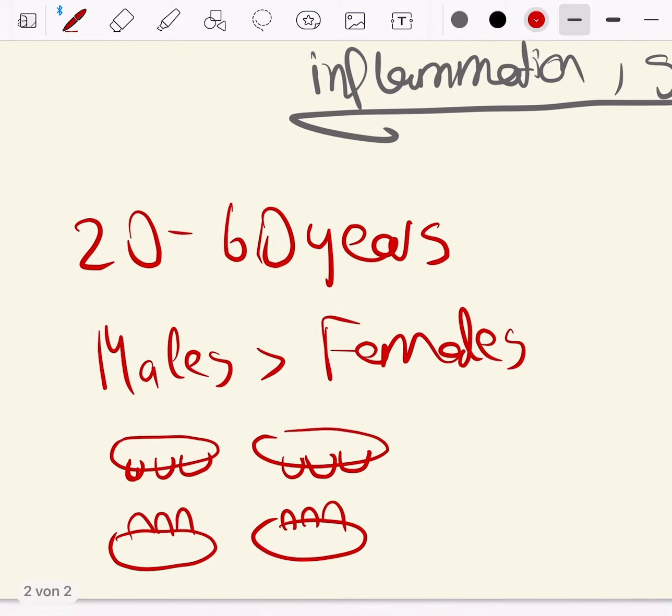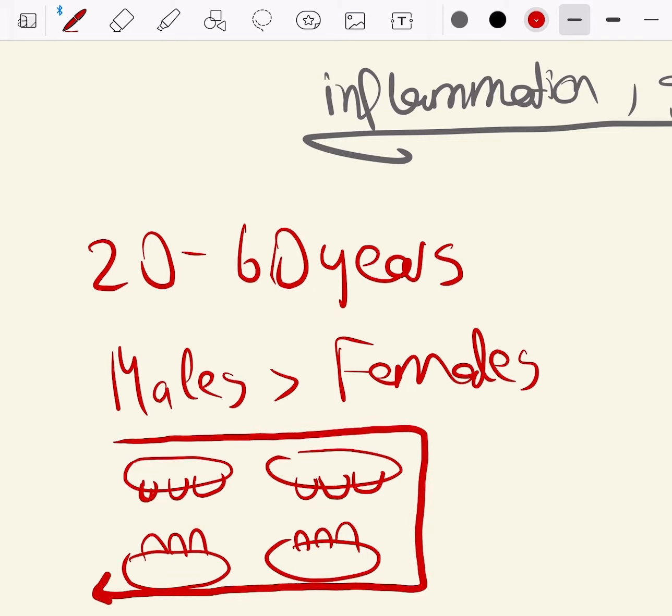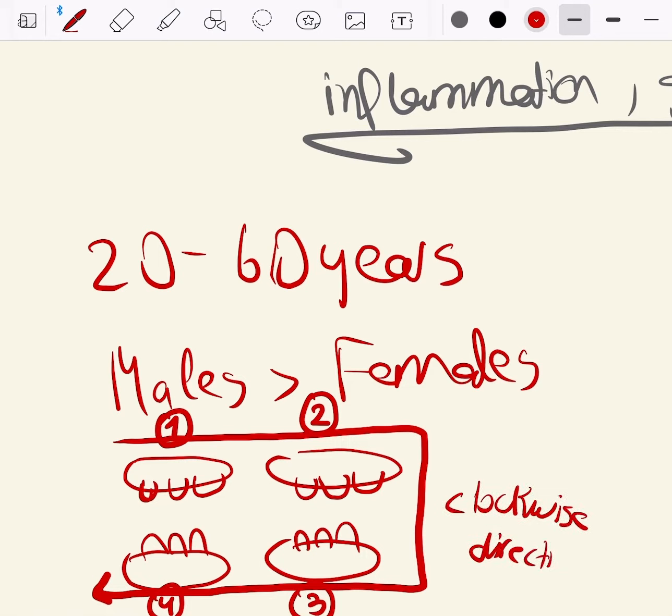I divided it in this way. The frequency of the site is first in the maxilla anterior, then the maxilla posterior, then the mandible posterior, then the mandible anterior. So we can say in a clockwise direction.